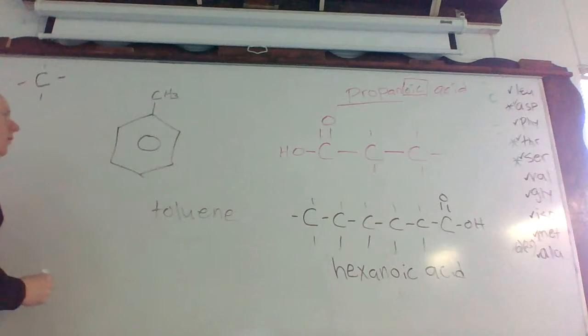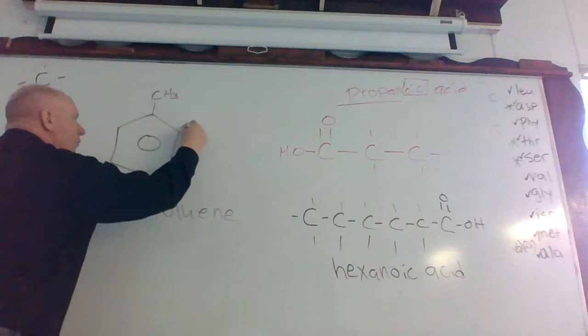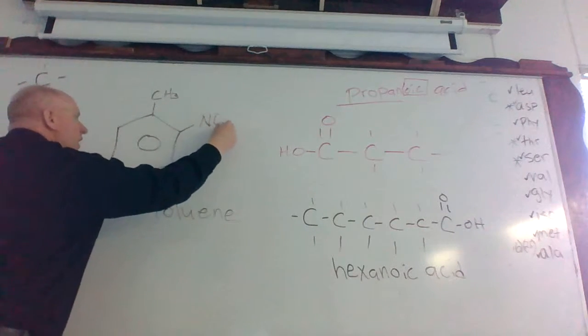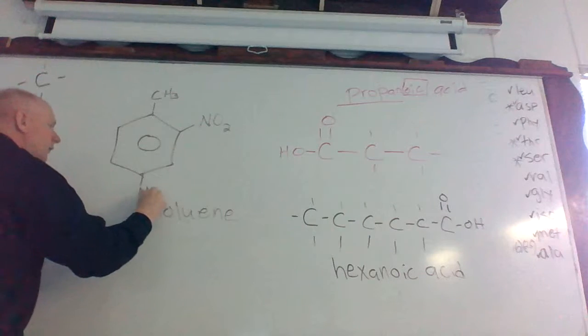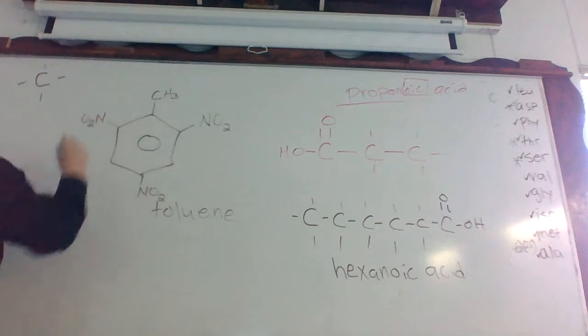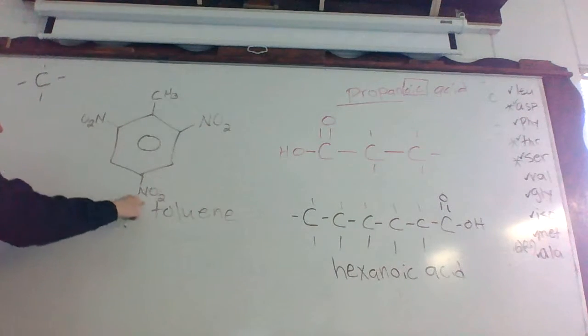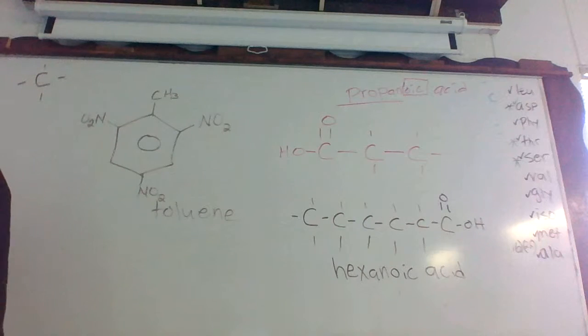Well, that's quite a stretch from dynamite, isn't it? Well, we're not quite done yet. If you were to go through a proper reaction and put some of these nitro groups on there. Okay, if this is a nitro group, which it is, so is that one, how many of them do you have on that ring?